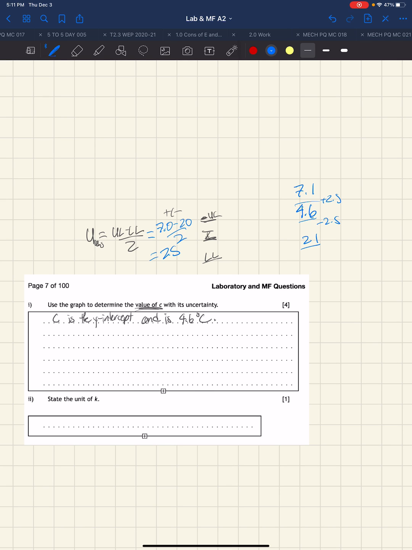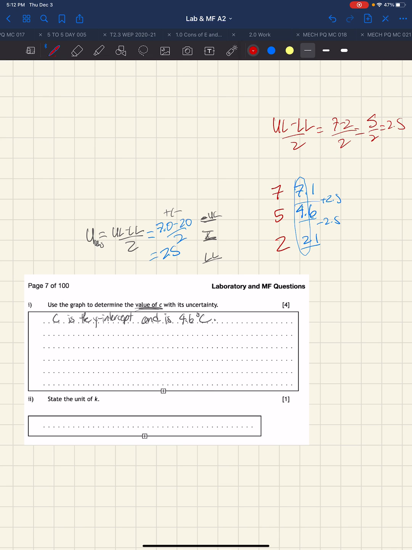Looking from the leftmost decimal place, we don't agree with the ones place. So let's round these numbers off, and this would give us 7, and this would give us 5, and this would give us 2. And now if we use the upper limit minus lower limit over 2, we get 7 minus 2 over 2, which is, again, still 5 over 2, or 2.5.